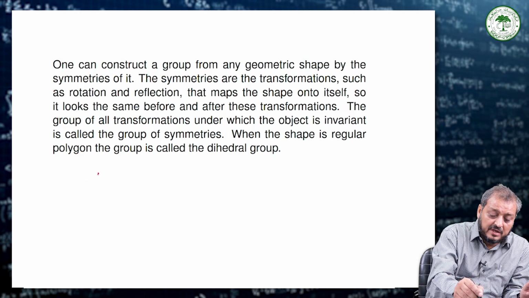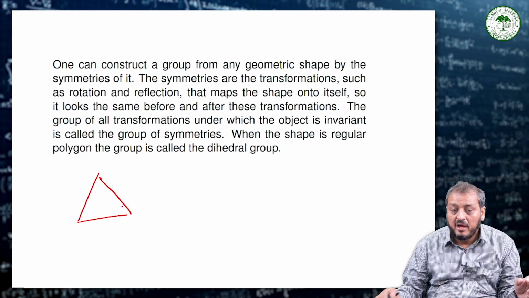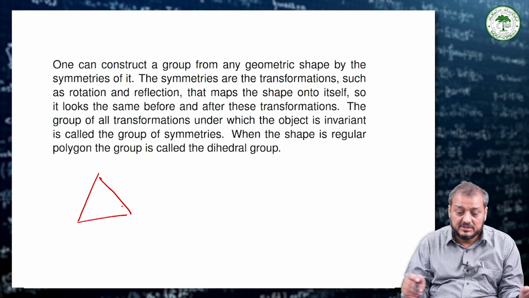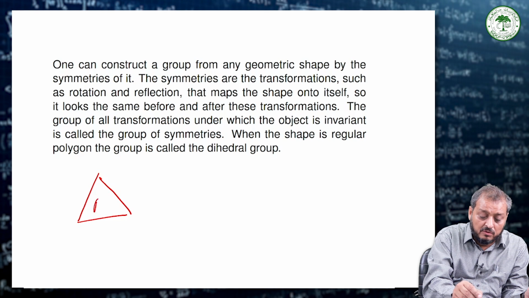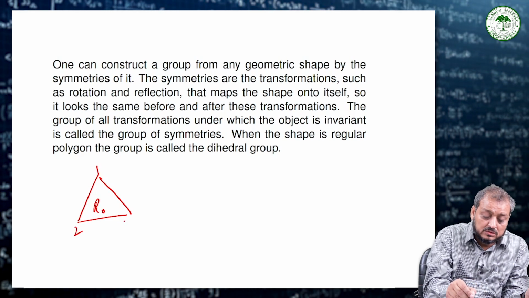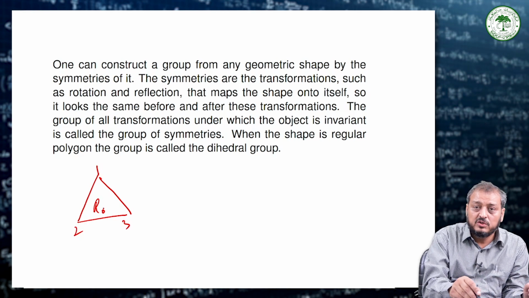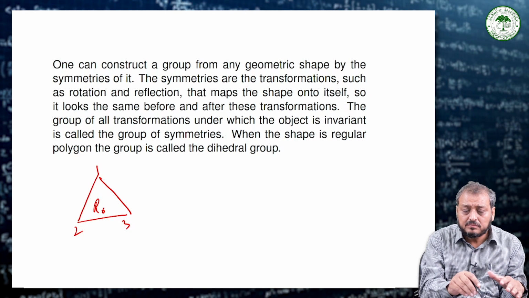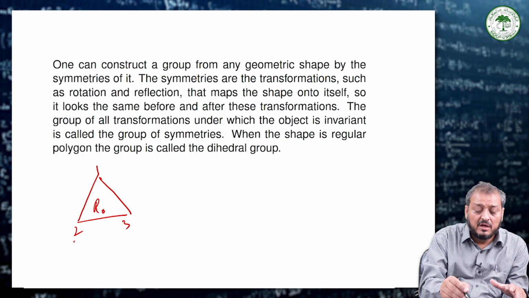For example, we take a triangle with vertices labeled 1, 2, 3. If we rotate about the 0 angle, that means there is no change.